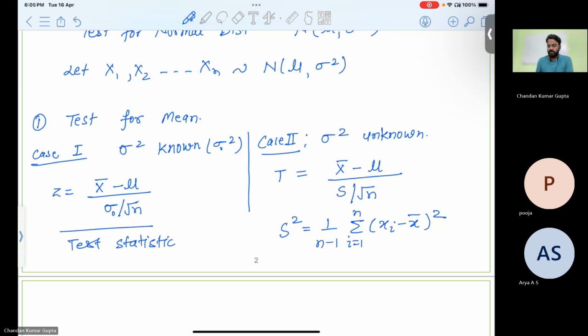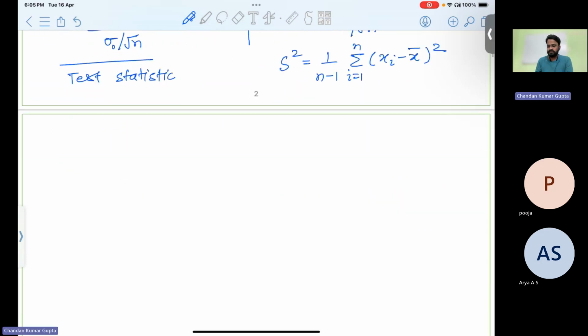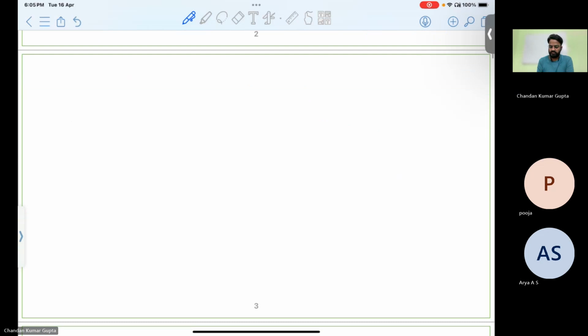Okay, and since we are discussing hypotheses, our aim is to first define the hypothesis. There are three types of hypothesis possible: simple versus simple, simple versus composite, and composite versus composite. So suppose we define the null hypothesis.